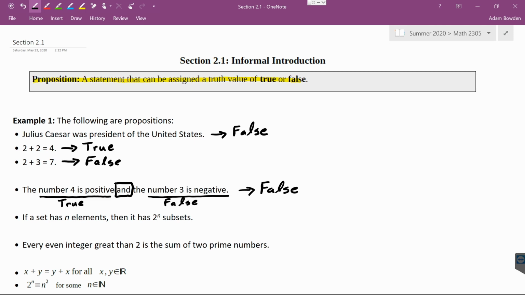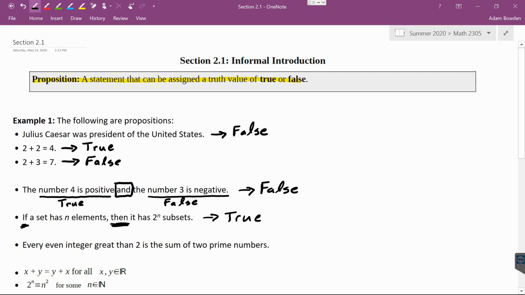The next one down here says if a set has n elements, then it has 2 to the n subsets. We haven't actually talked about whether this is true, but if-then is a common connective way that we put together propositions: if something, then something. This proposition is actually true, and we can verify it later.